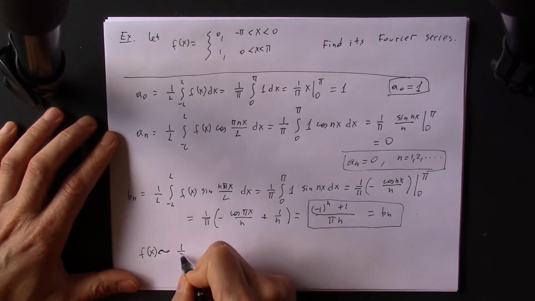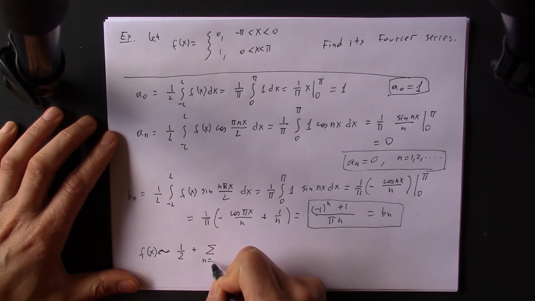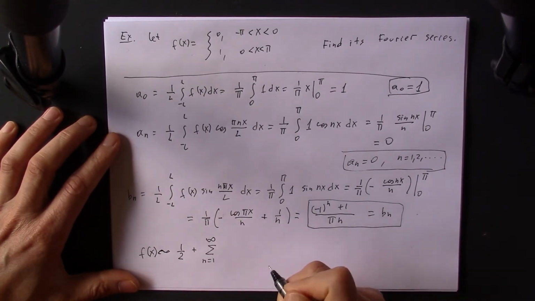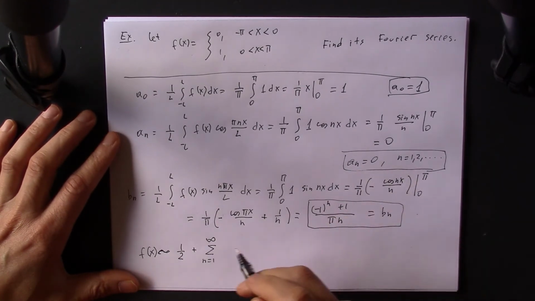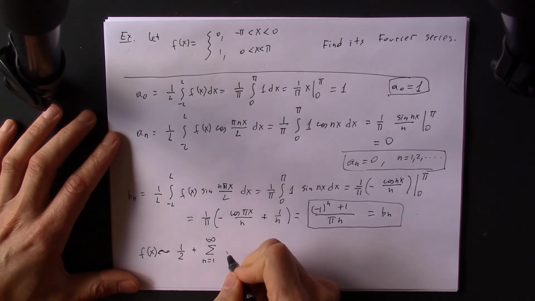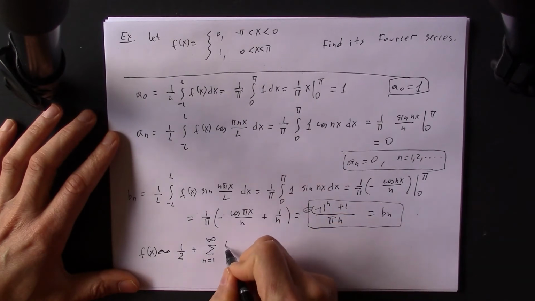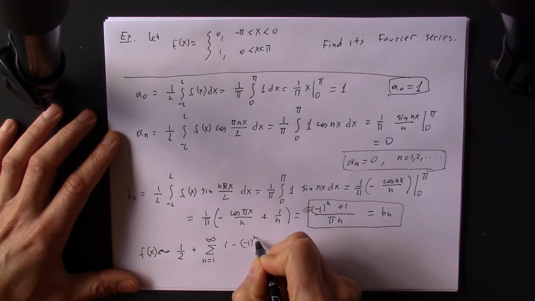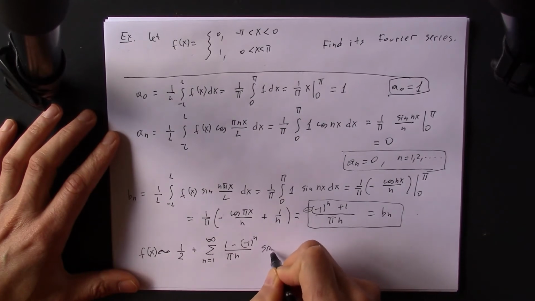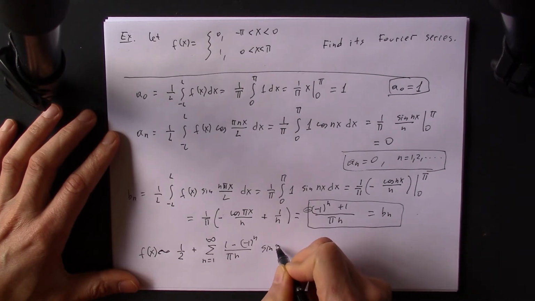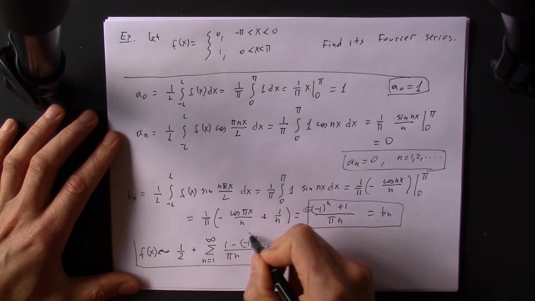So it's going to be a0 over 2, which is 1/2, plus sum from 1 to infinity, an, which is 0, will disappear, and we're going to have 1 minus negative 1 to n over n pi sine of n x. That's the final answer for this problem.